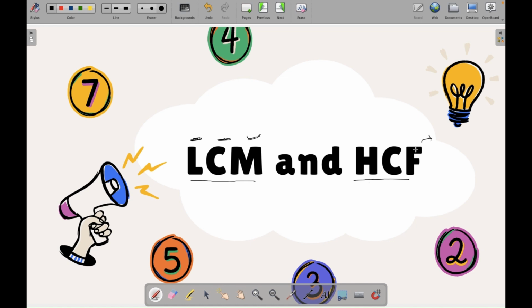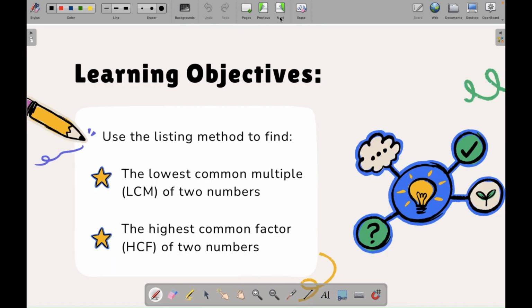Again, we have studied what factors mean. Now we'll look into what a common factor means, and eventually that will lead to the understanding of highest common factor. So we know factors, we'll study common factors, and then we'll see what highest common factor means. Similarly, we know multiples, we'll study common multiples, and then finally we'll see what least common multiple means.